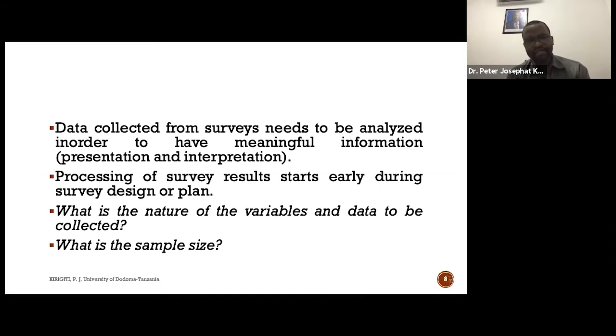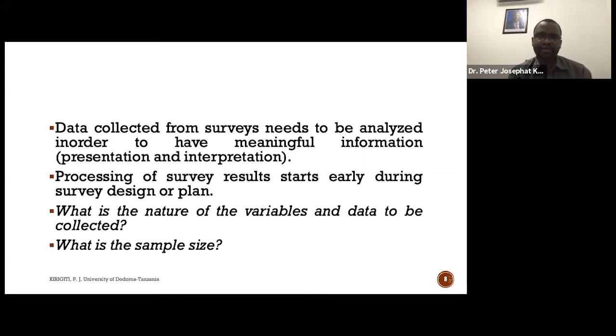We are saying that in order to have meaningful information, the survey analysis and the plan should start very early, during the survey design. We'll see it later. For instance, what is the nature of the variables and the data that are going to be collected?